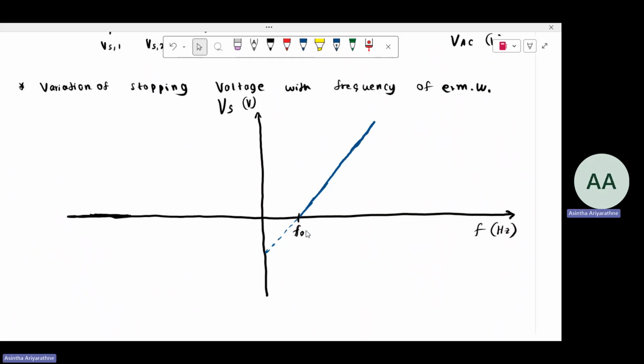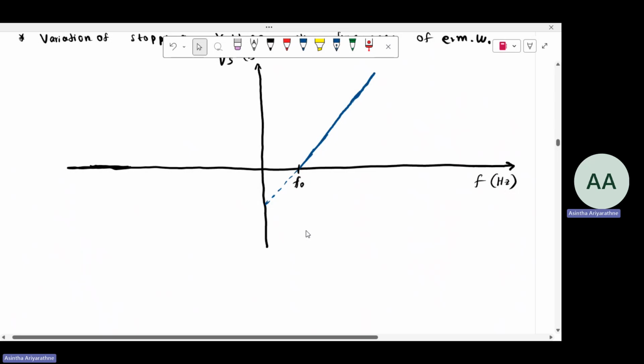So the frequency f naught is just sufficient to emit an electron, not to give any kinetic energy to the electron.